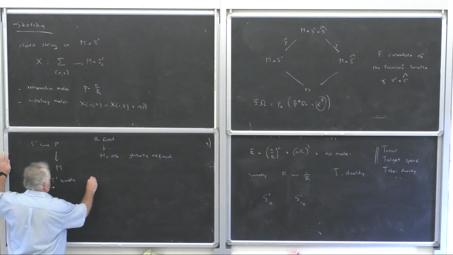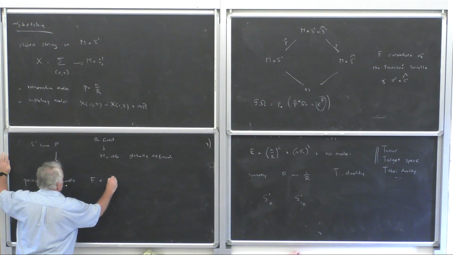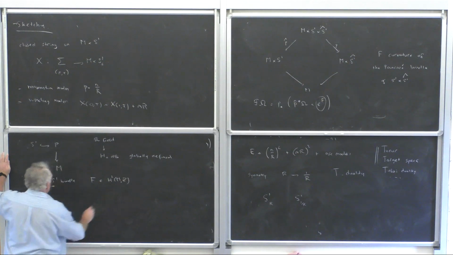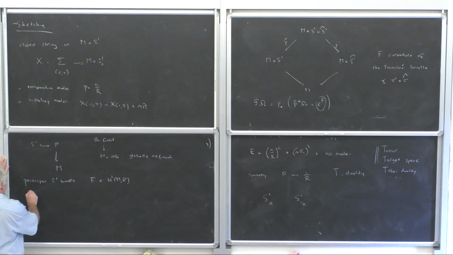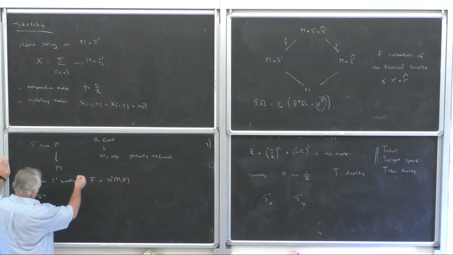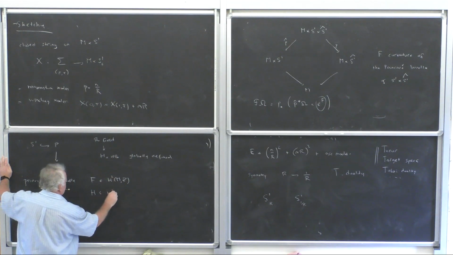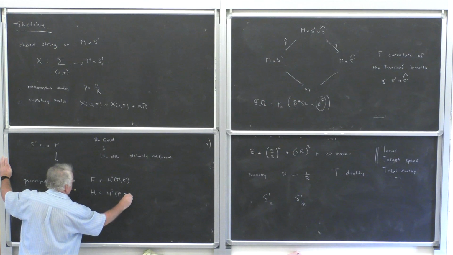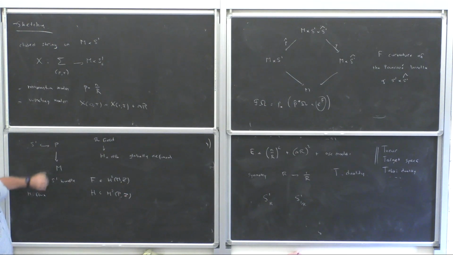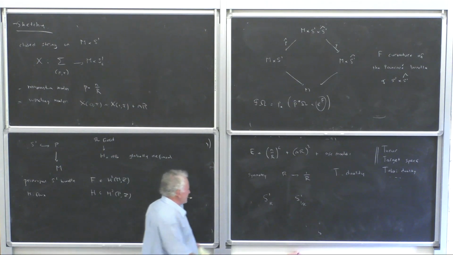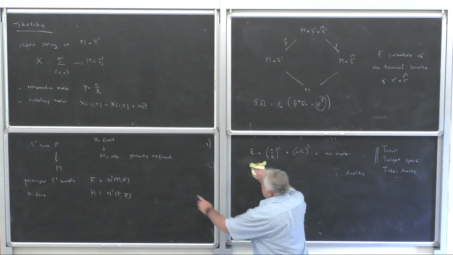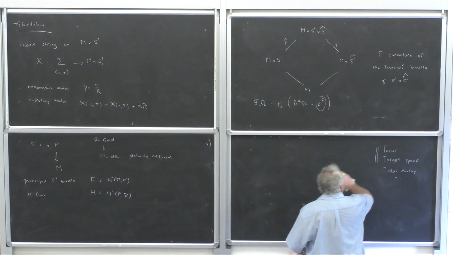So that's characterized by some 2 class on M and an H flux or a B field, the curvature corresponding to a B field, which is also an integral class, but that's a class on P. The string lives on P, on M cross S1.